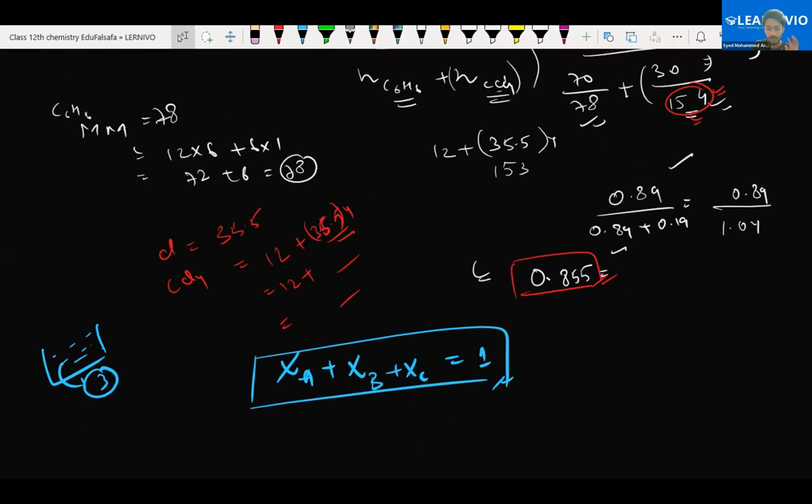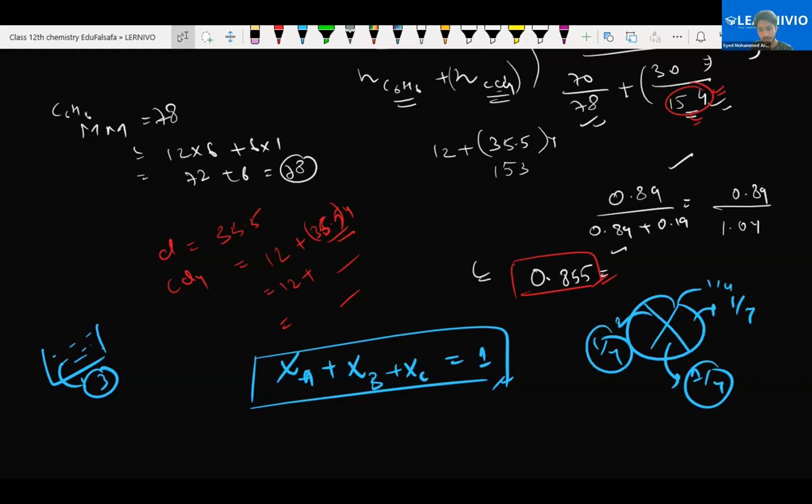We have a pizza as a whole, and if I divide it into 4 pieces, one slice holds an area of 1/4, and the same for all the other 3 slices, 1/4, 1/4. So you can relate this to mole fraction. If we add all these fractions, you end up getting 1. Why? Because this is the whole single thing. Same thing applies here also. Understood? Yes, sir.